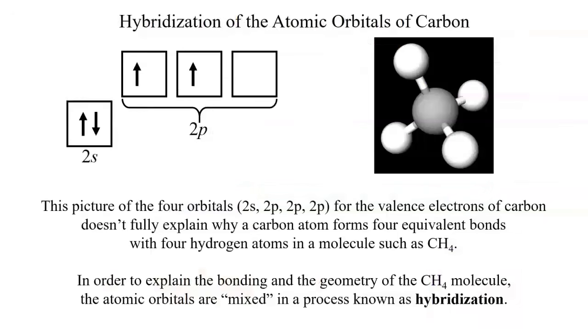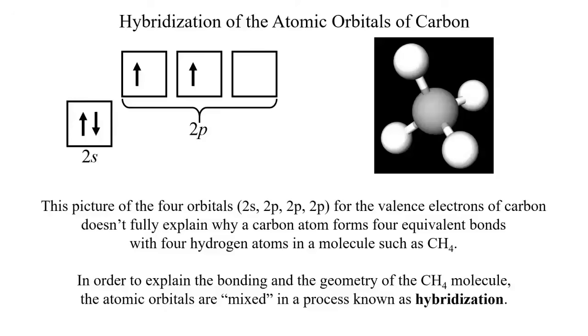So focusing on carbon for just a moment, carbon has 4 valence electrons. This particular picture of the 4 orbitals, with 2 electrons in the 2s orbital and 2 electrons in the 2p subshell, this picture for the valence electrons of carbon doesn't fully explain why a carbon atom forms 4 equivalent bonds with 4 hydrogen atoms in a molecule such as CH4.